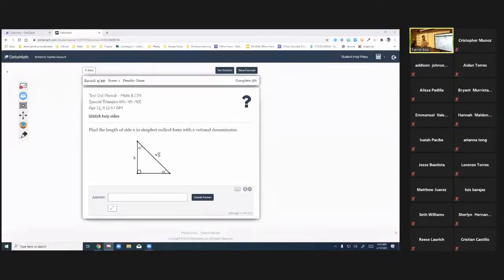Let me get a snapshot of this problem right here. Do I want to start with something like that? I don't think I want to start with that one.